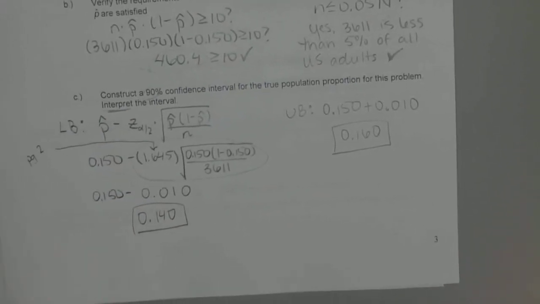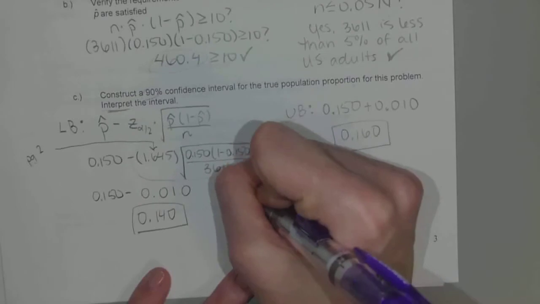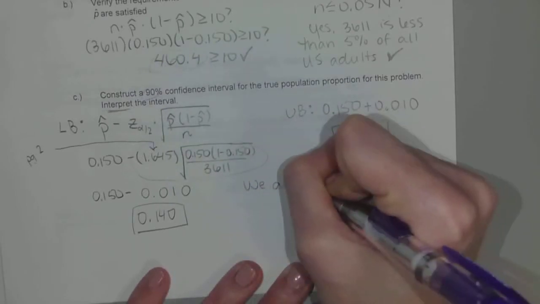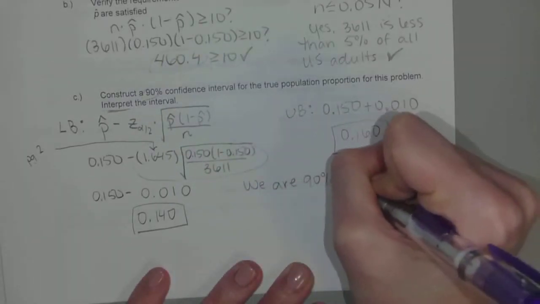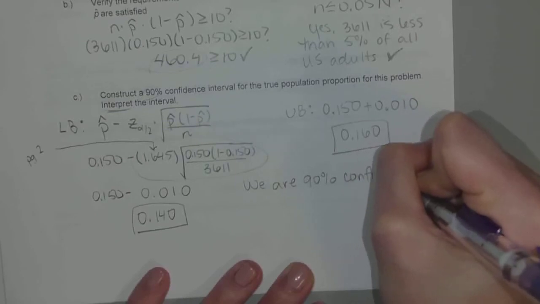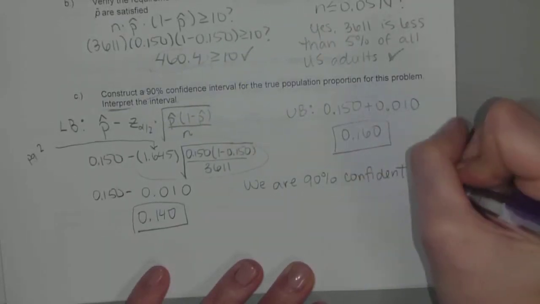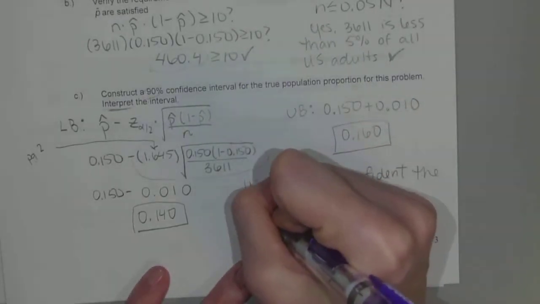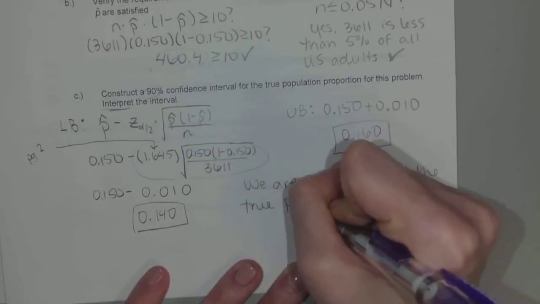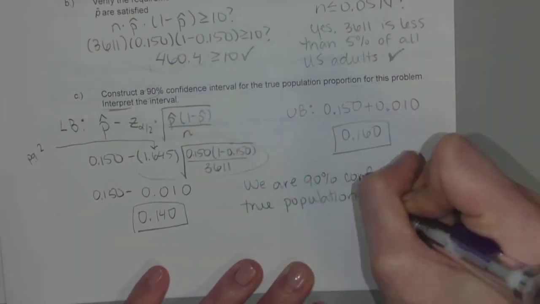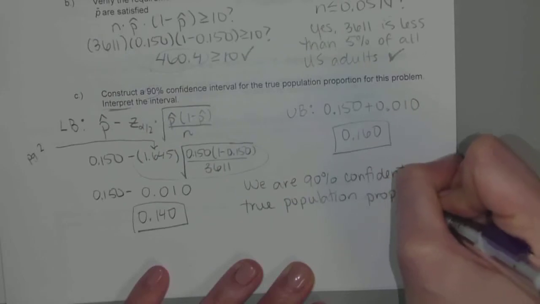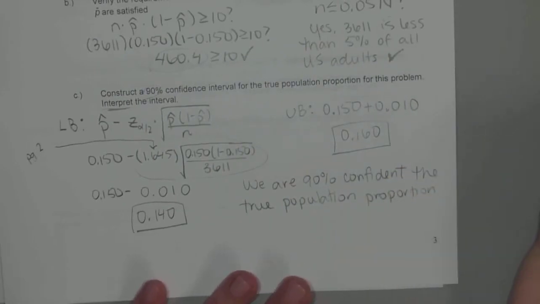So what we're going to say is we are 90% confident the true population proportion lies in the interval, okay? We are 90% confident the true population proportion of U.S. adult Americans who have never purchased something on their smartphone.